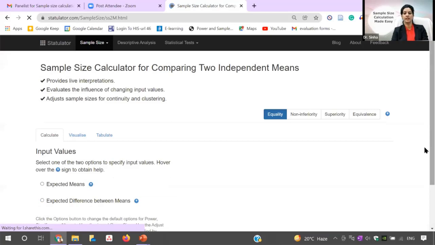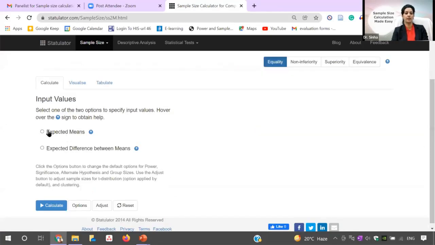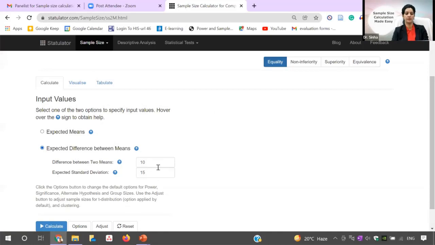If you open this 2 independent means, the input value gives either the expected means, in which case you have to have 2 different means. But in this case, I have the difference between the means, so I will click this. The difference between the means is 4, and the expected standard deviation is 3.5.